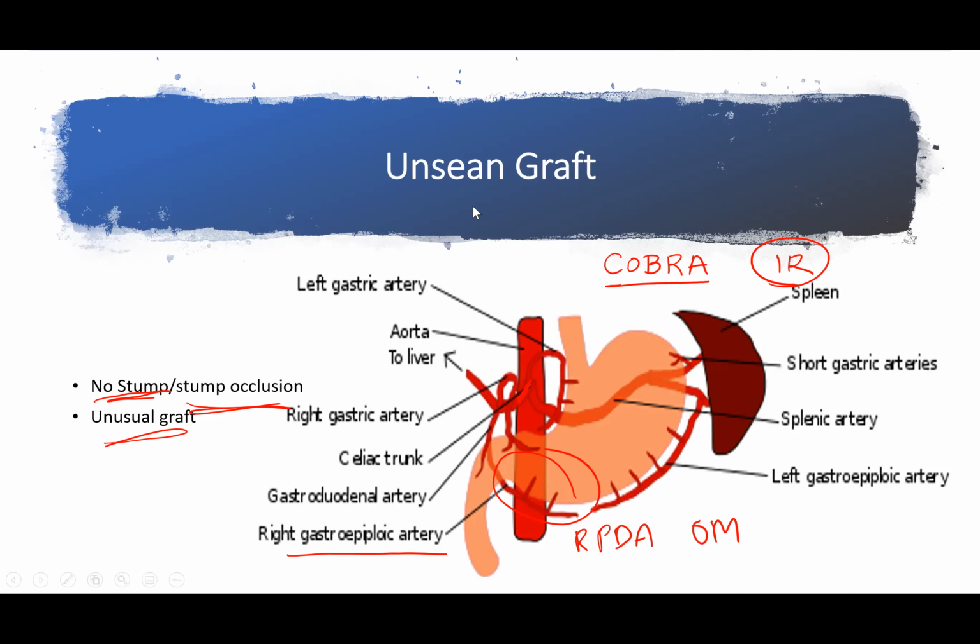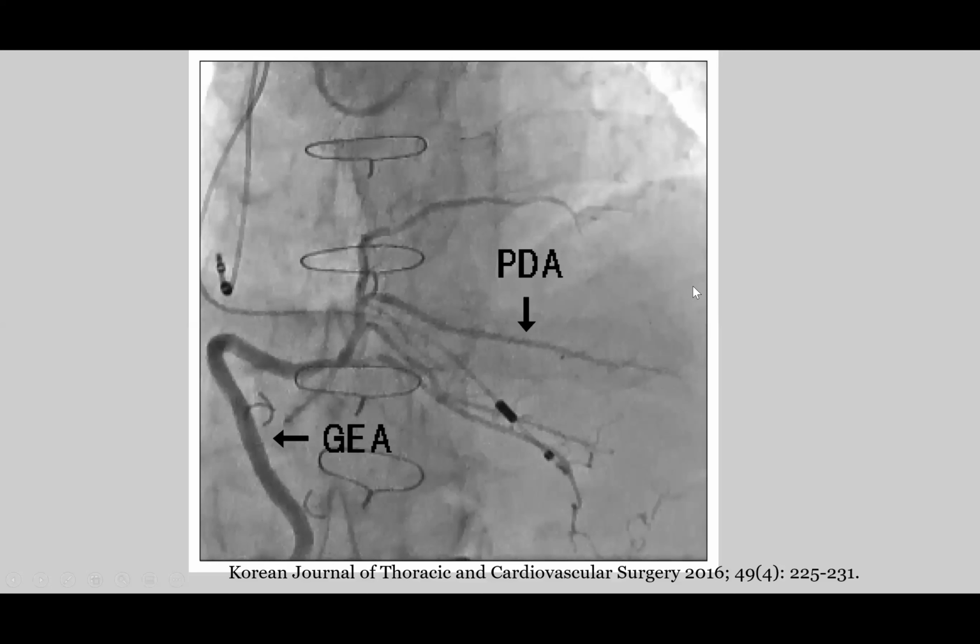Let's see what else I have on this topic. So yeah, so this is like that. So you can see this is the gastroepiploic artery attached somewhere here to the PDA, as you can see. So it needs to be engaged from the bottom.